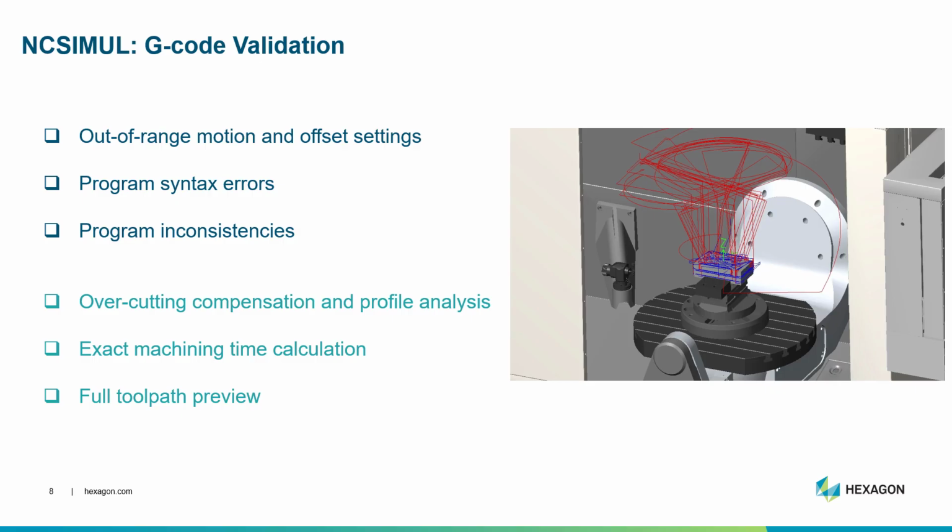The other thing it does during the validation step is it decomposes all of the G-code ahead of time. So you can get the toolpath wireframes as you see in the picture on the right-hand side to make sure that your program's set up properly, as well as exact machine timing calculations. So without even running the whole simulation, you can know how long the cycle time is, and you'll get a full toolpath preview.